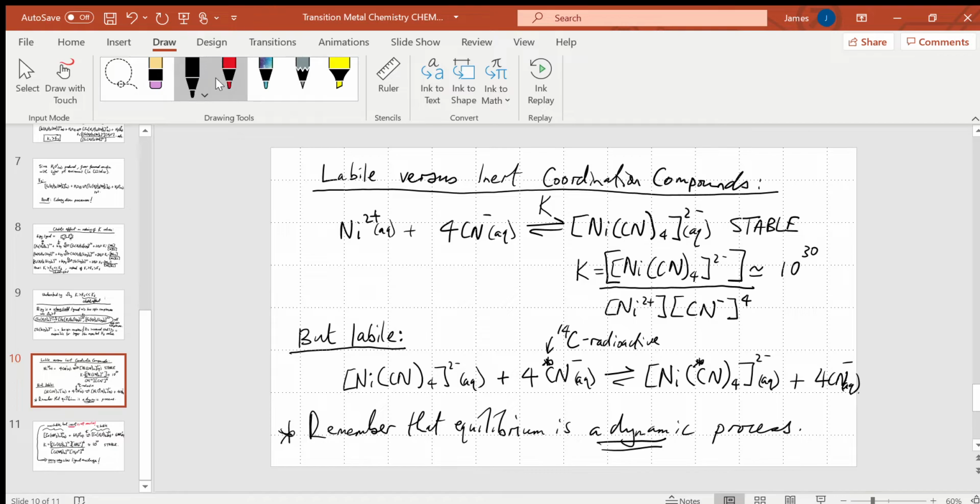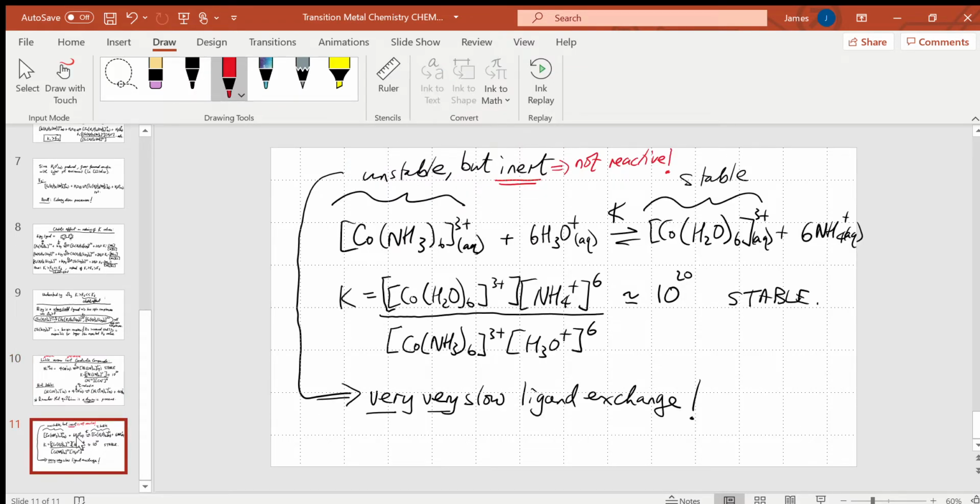So we've definitely talked about reactive, not reactive, where this has got nothing to do with stability, right?